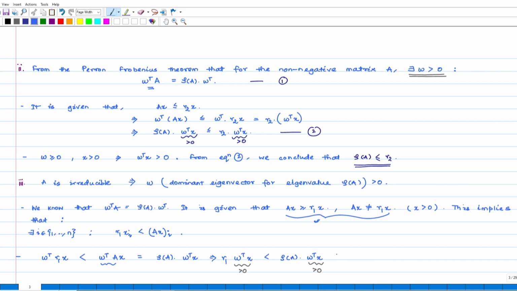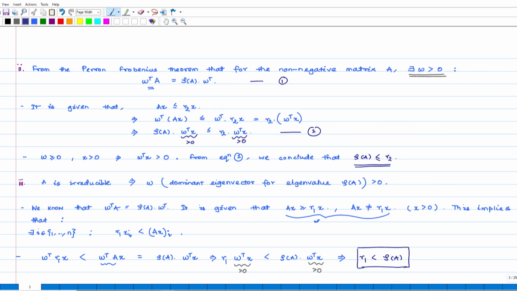So, this further implies that R1 is strictly less than the spectral radius. This shows one part of the proof, about the lower bound of the spectral radius.